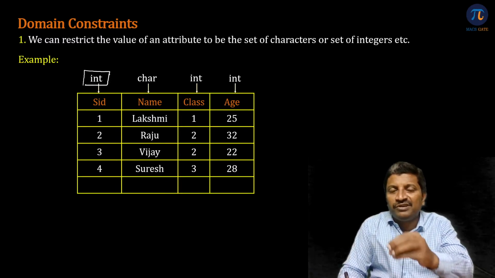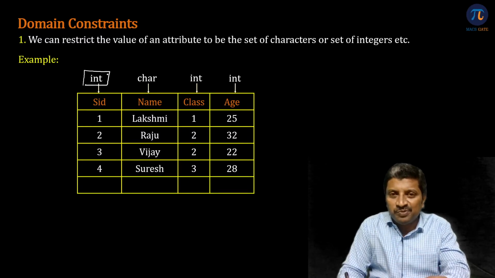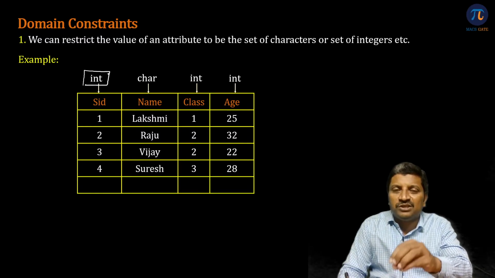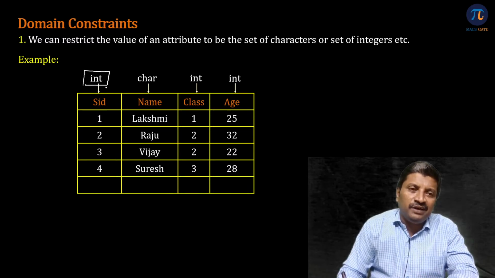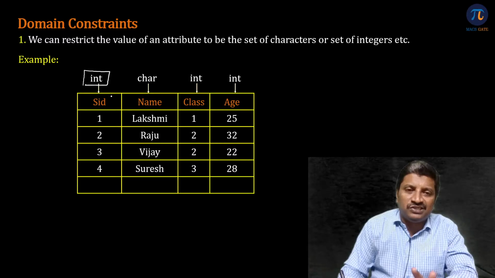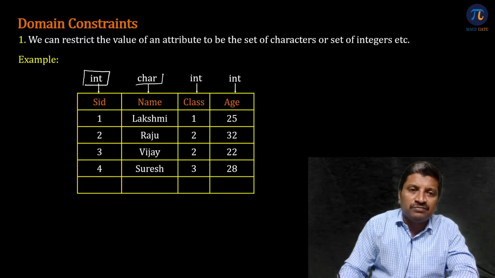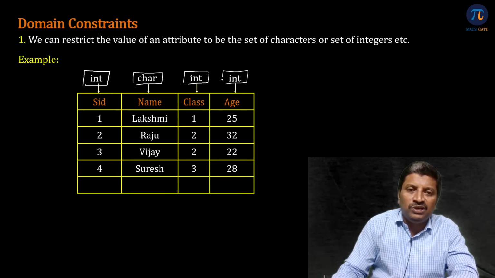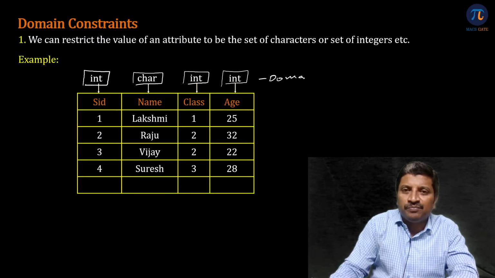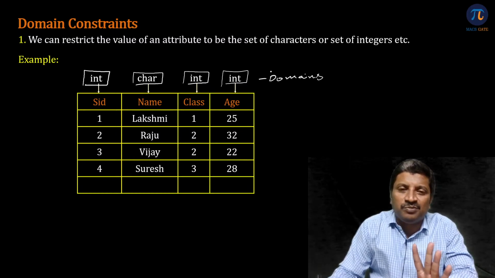At the time of creation of the relation, we specify the domain for that particular attribute. So let us suppose we decided integers for SID, strings for name, int for class, and age is also integer. These are the domains we specified when we create the table in the database.